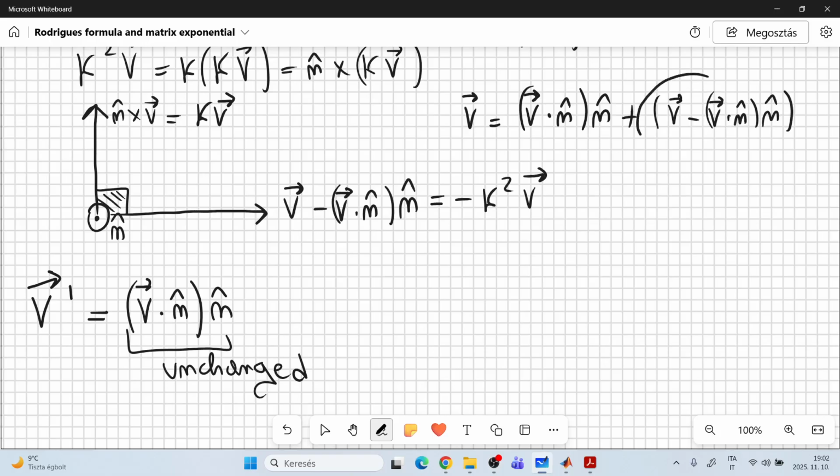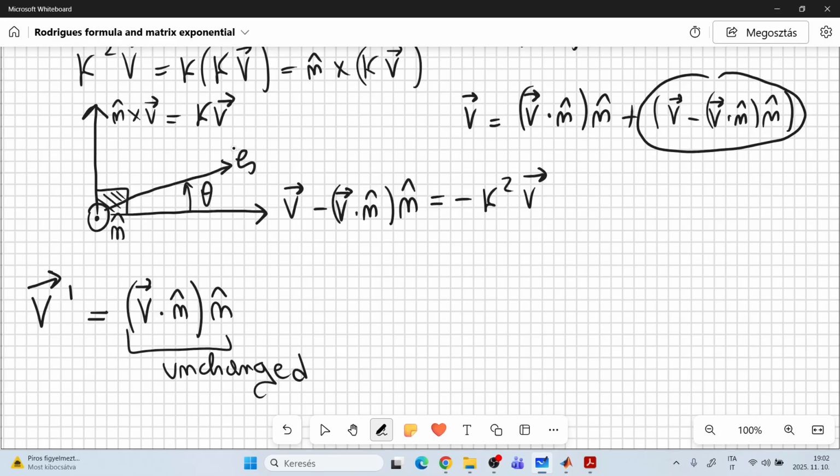So we need to rotate this part here, which is this one. So v prime will be this one unchanged plus this one rotated. And I'm going to call that, so this will be the rotated part, and this will be the angle theta.